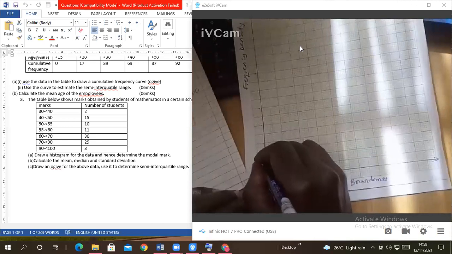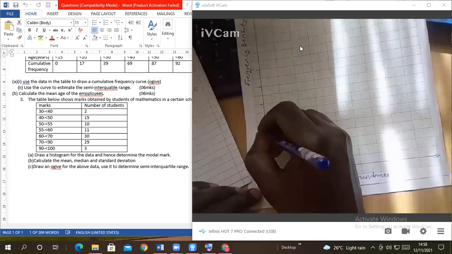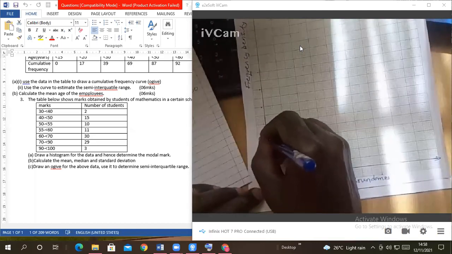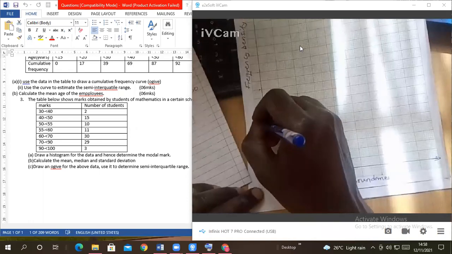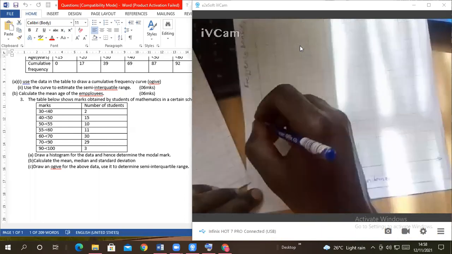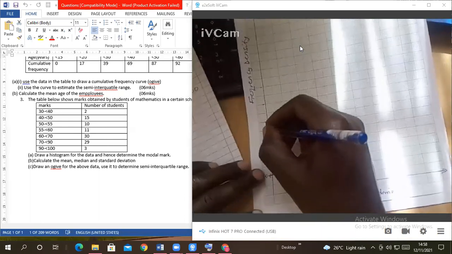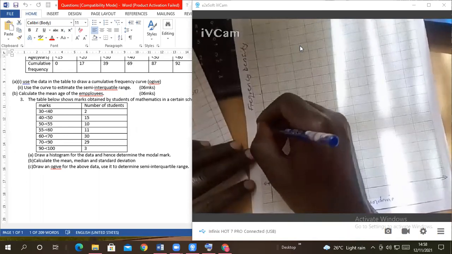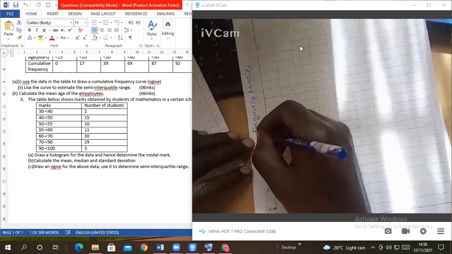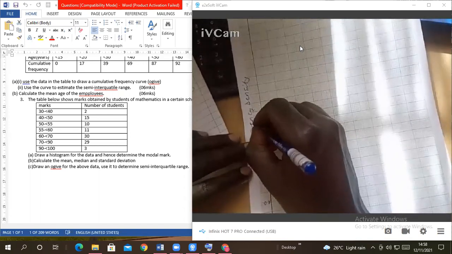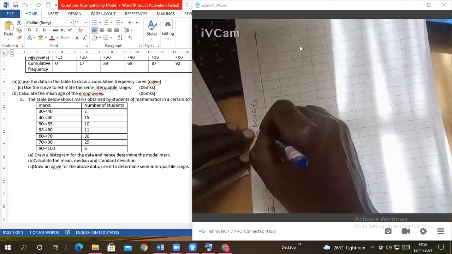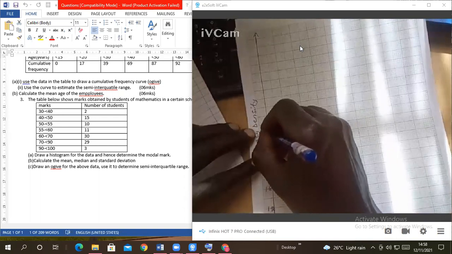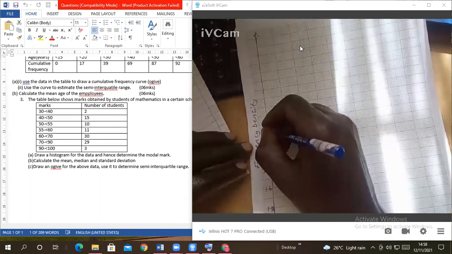This is going to give us 0.4, then 0.8, 1.2, 1.6, 2.0, then 2.4, then 2.8.